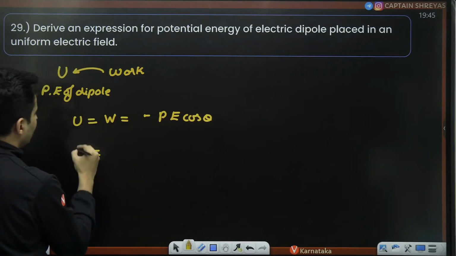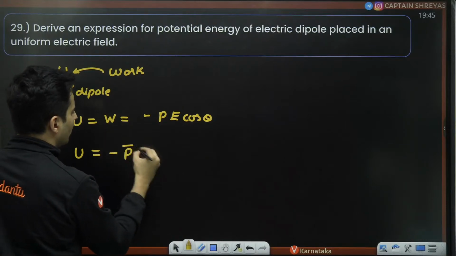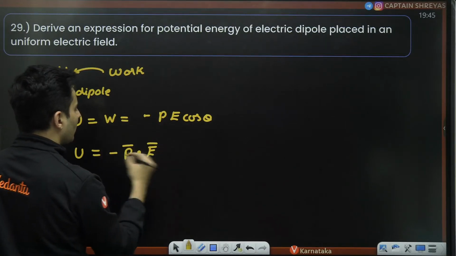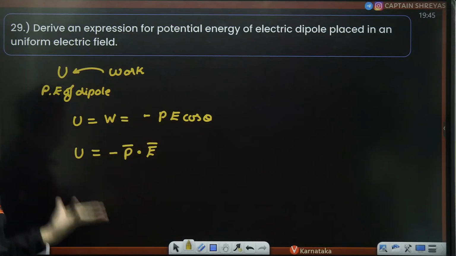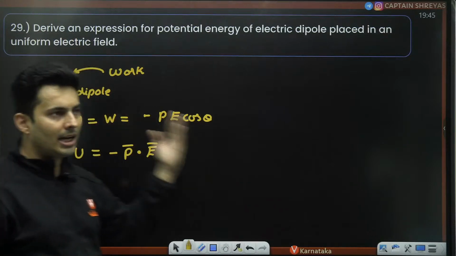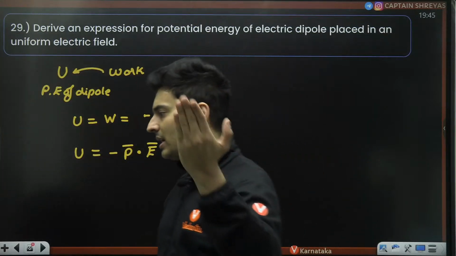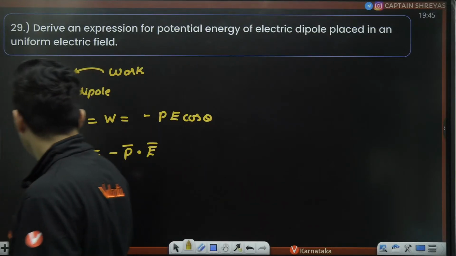But P is a vector, E is a vector, and cos theta is there. So you can also write it as P dot E, a dot product. So this formula is the expansion of the dot product formula. So that is the expression for the energy of a dipole placed in somebody else's electric field. Is that clear, everyone? Perfecto.